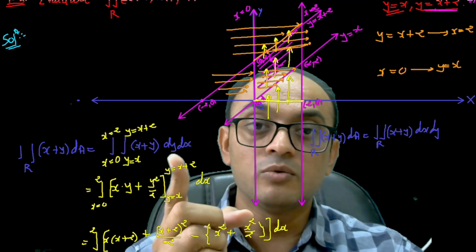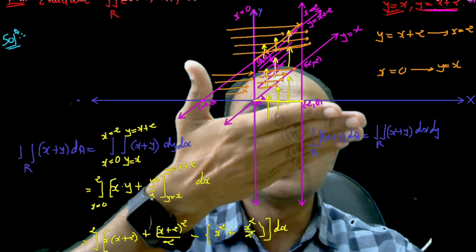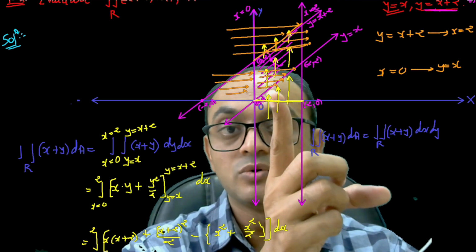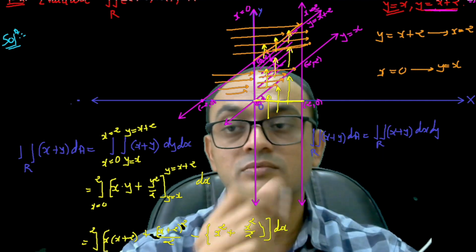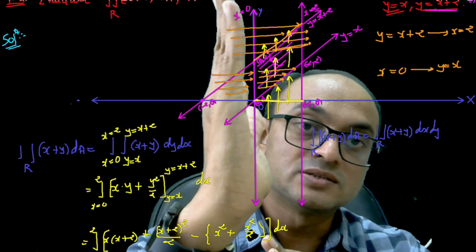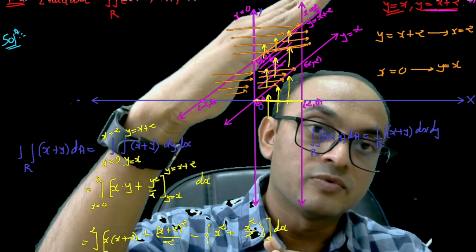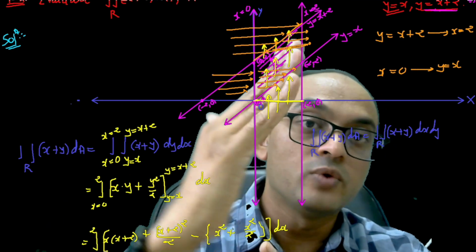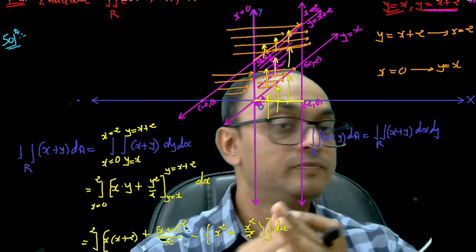Whenever it was the case dy dx, we had only one entrance, this line, and the exit gate was also one. But here we have two entrances. This is the first entrance, line x equal to 0, and another entrance from this side, and we have two exits. This is the first exit and this is the second exit.